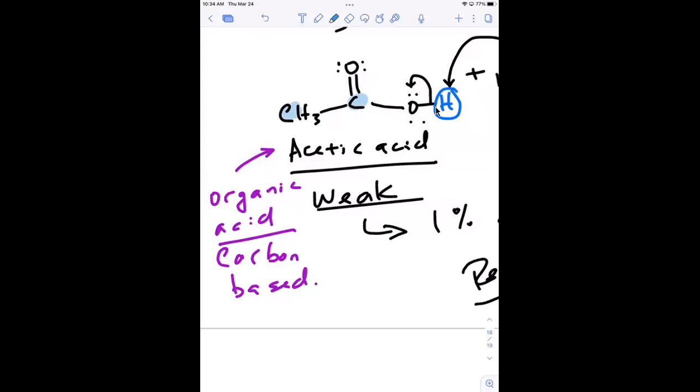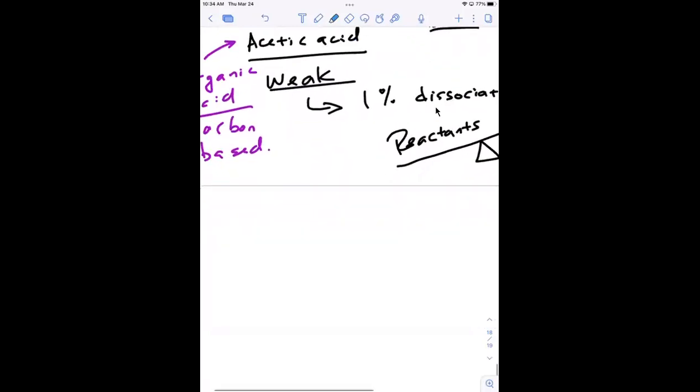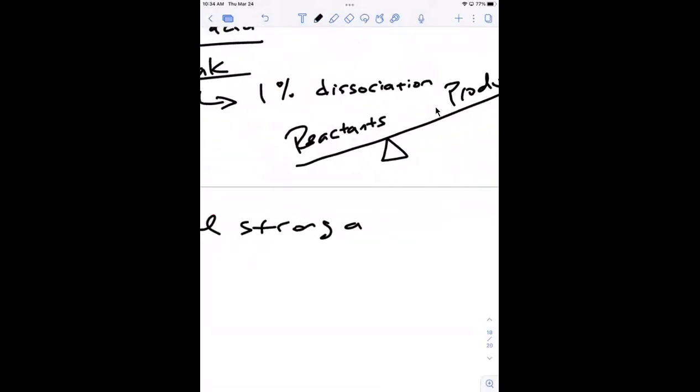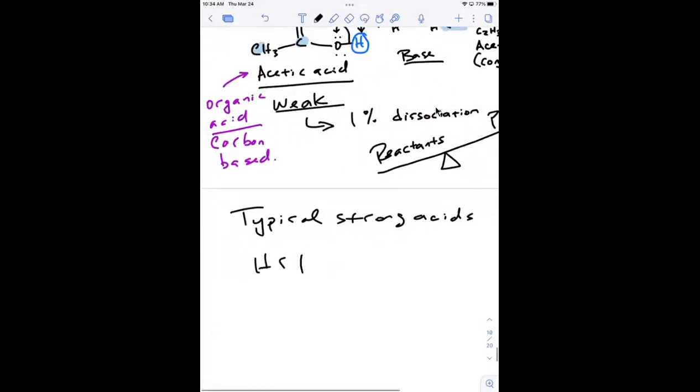Some of your typical, really strong acids: HCl, obviously. Your halogen acids are all very, very strong acids: HCl, HBr, HI.